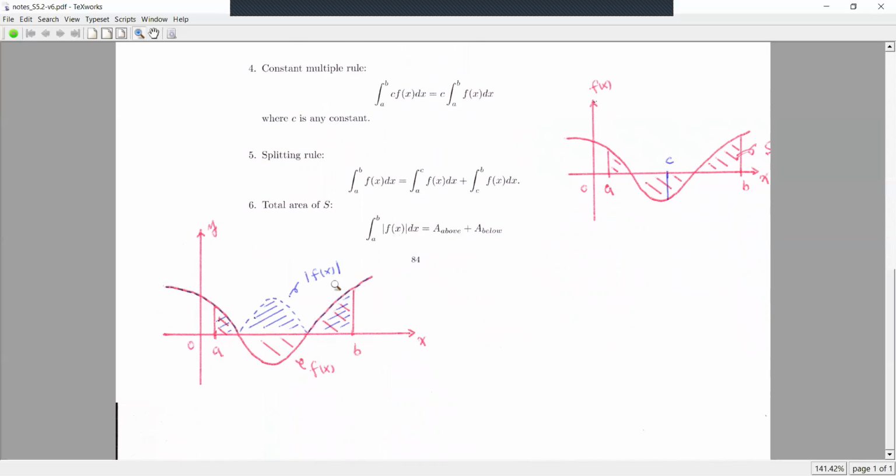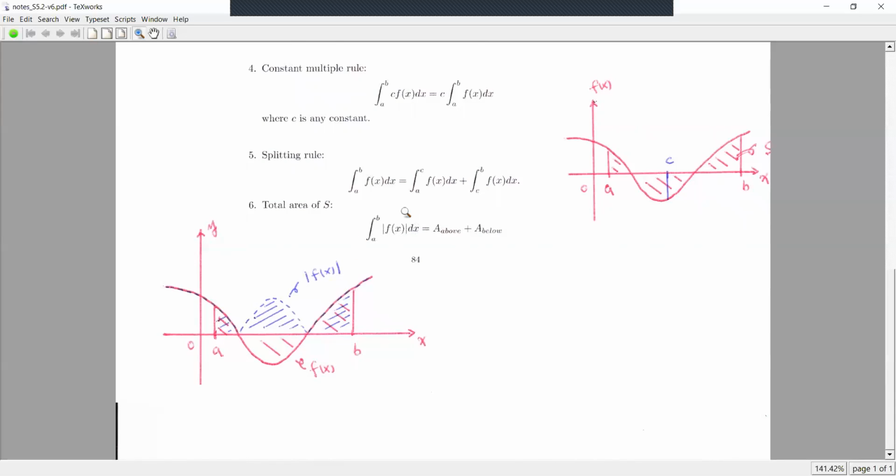When we take the absolute value of the function f, the negative part of the graph becomes positive. Now, take the integral of the absolute value of the function f. This integral is the net area of the blue shaded region. The blue shaded region has no part below the x-axis. All the shaded region lies above the x-axis.